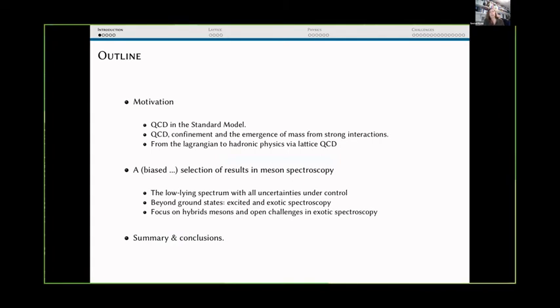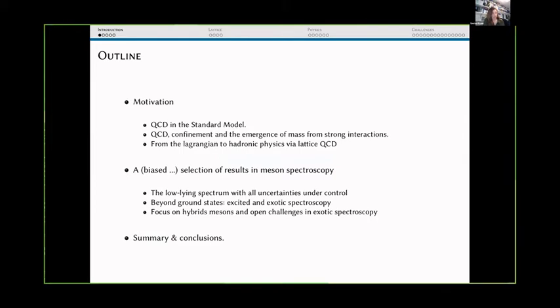So here's an outline. In thinking about the talk, I tried to provide some motivation, at least in context for the workshop itself, since the discussion is about the standard model and the emergence of mass in the standard model. So I will try to place QCD within that context, and then in particular motivate lattice QCD calculations within that context. And then, as I already said, I'll give a biased selection of results from meson spectroscopy.